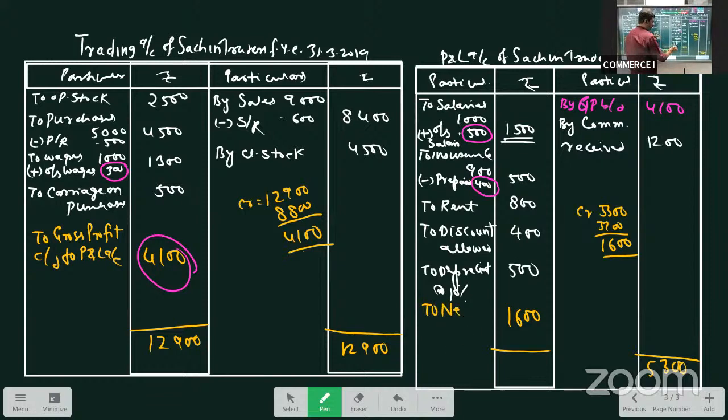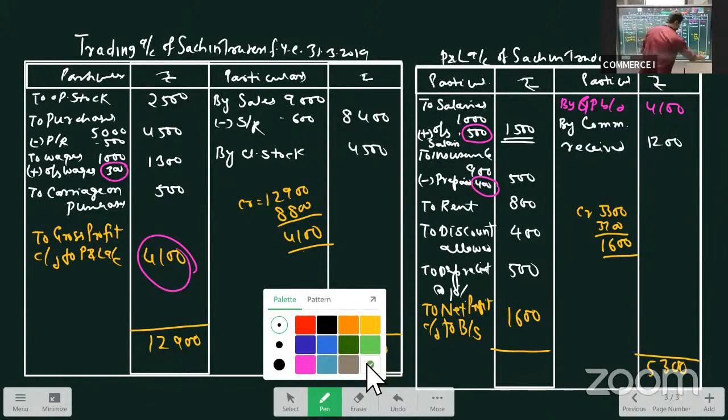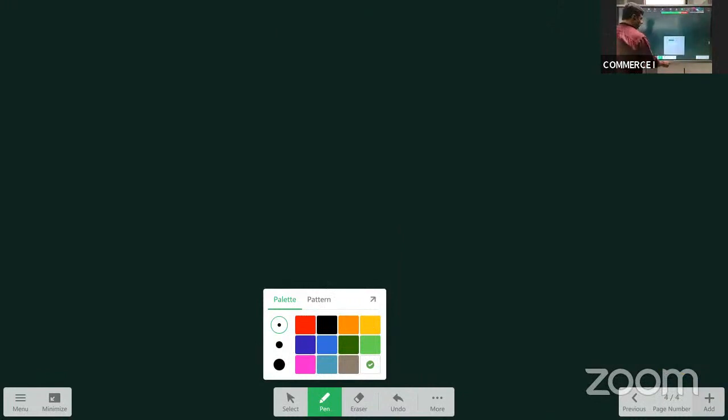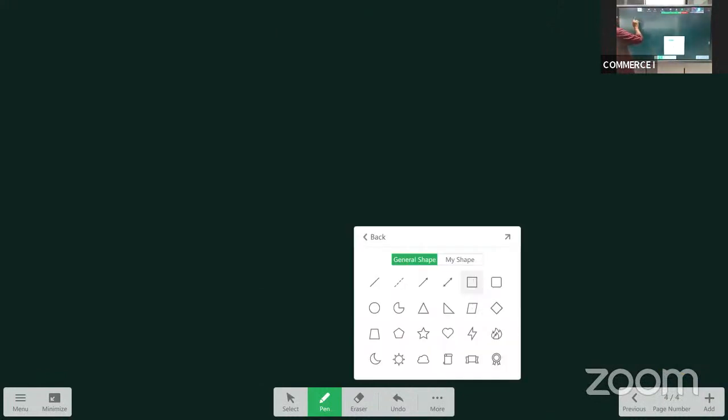To net profit carried down to balance sheet. 1,600 is our net profit, which we have to show in the balance sheet. We have to add it to capital. Now, let us prepare balance sheet. So let us draw the format for balance sheet first.